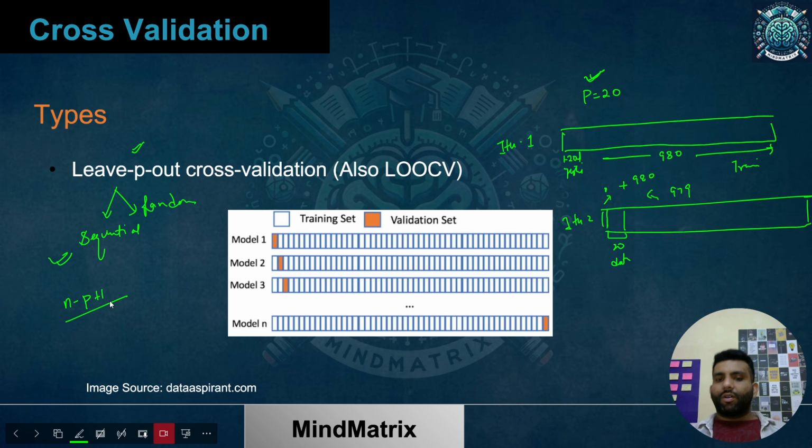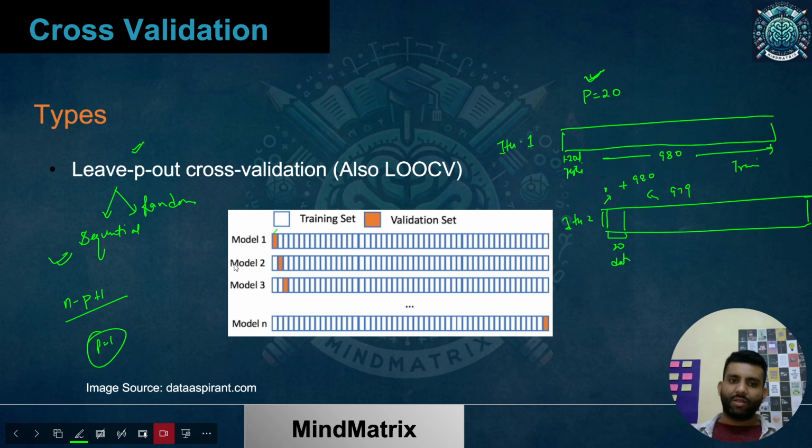If the p value is 1, we know we are going to train n times, because every time I will be checking each data point. For each data point to be used as testing, the total number of iterations is going to be n if I have n data points, because for each iteration I use one data point as test.